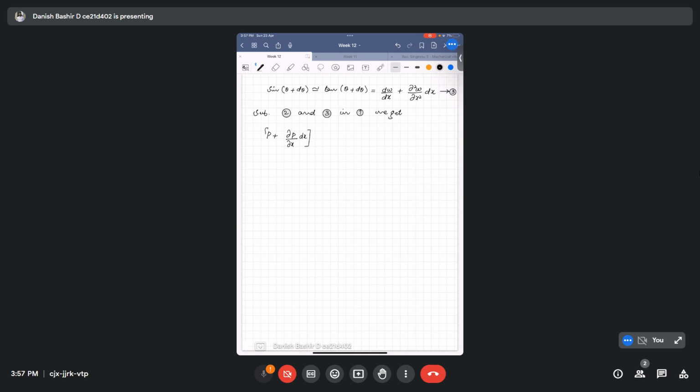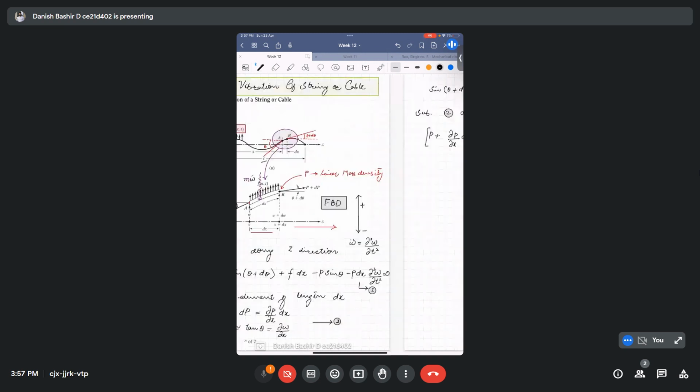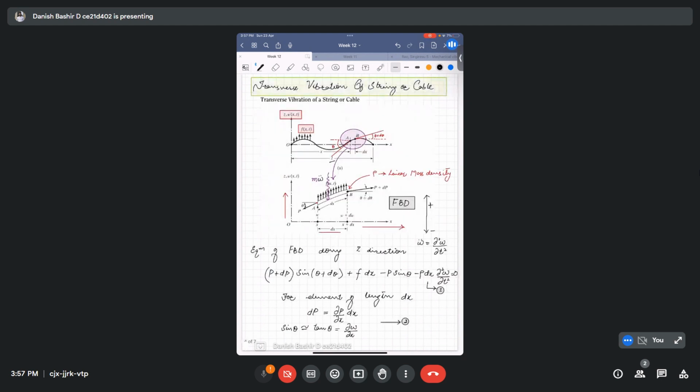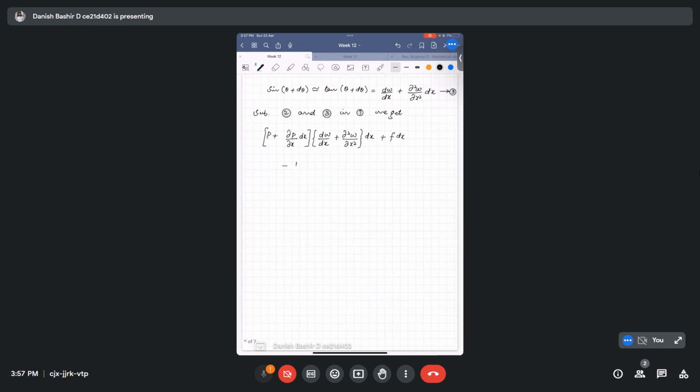This is one thing. And in place of sine theta plus d theta, you have to write dw by dx, plus dou 2 w by dou x square dx. This is one thing. Then plus f dx, it's always there. Then we have minus p is there, p sine theta, p sine theta will be dw by dx.